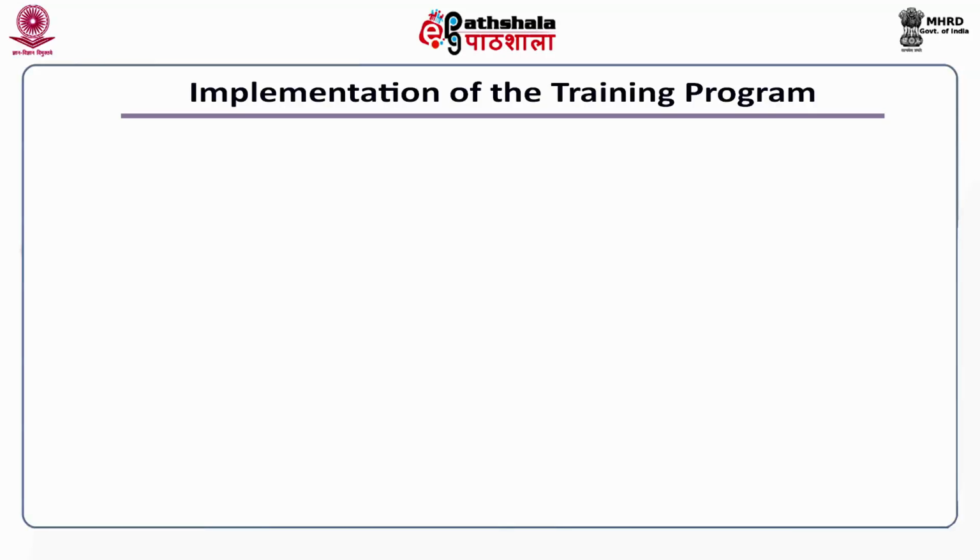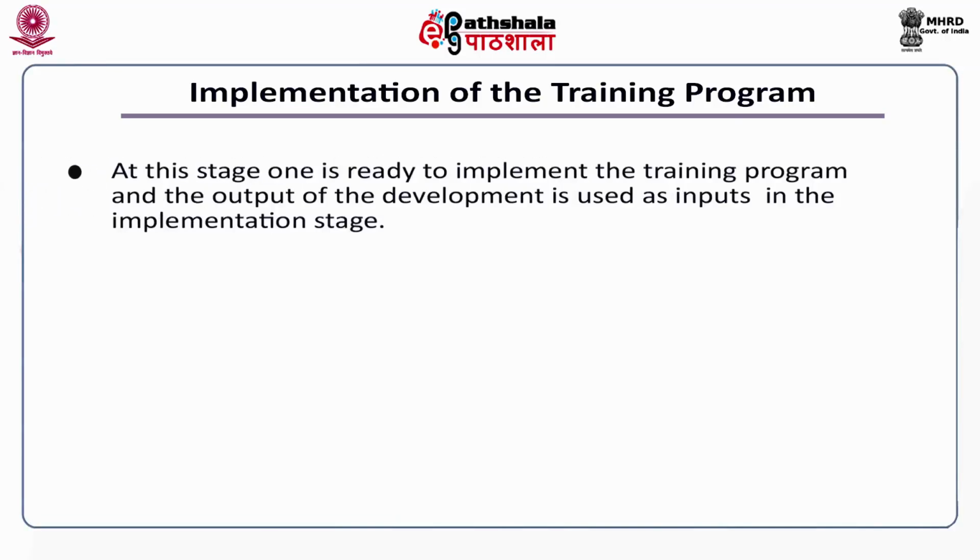Implementation of the training program. At this stage, one is ready to implement the training program and the output of the development is used as inputs in the implementation stage.